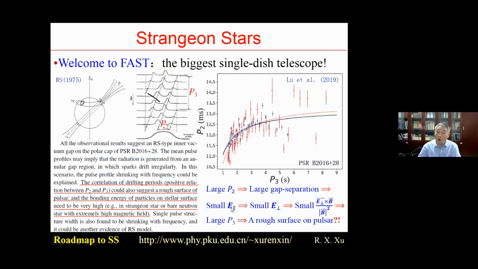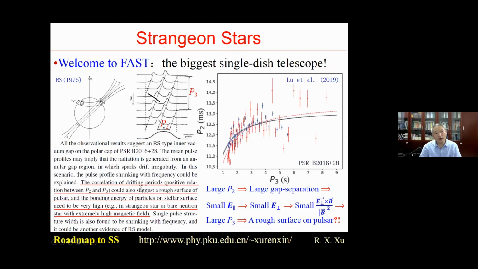But for our Strangeon star, if the surface is not smooth but rough, then you may have some places with a higher E parallel and other places with a smaller or weak E parallel. Then you can have different modes of drifting subpulse.